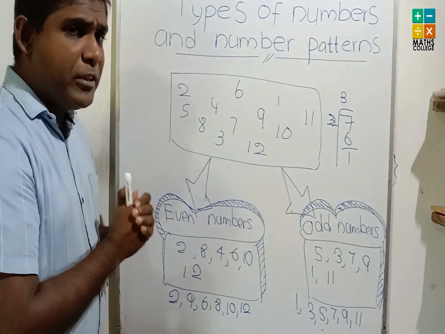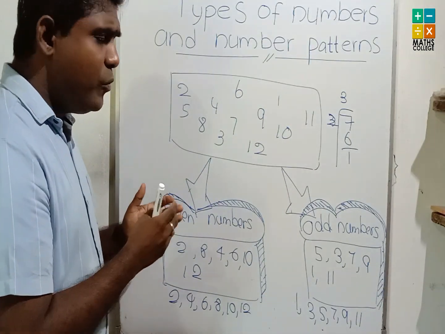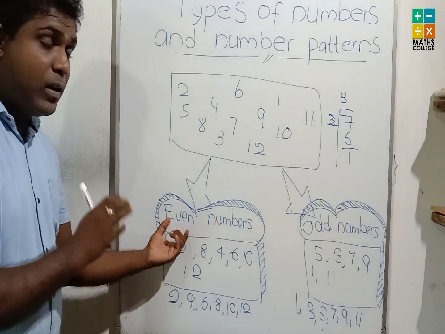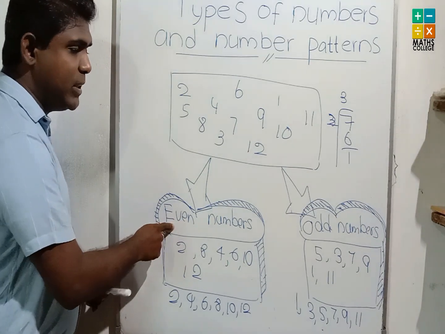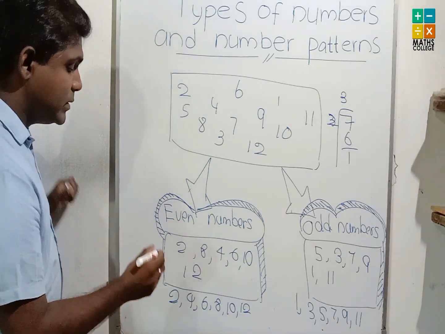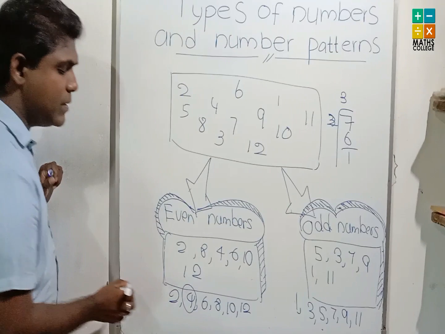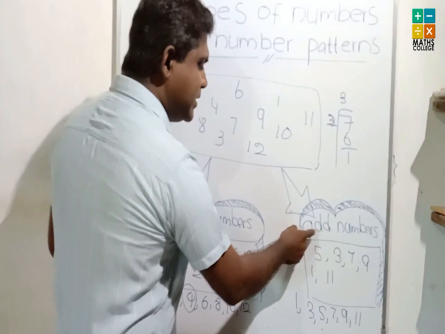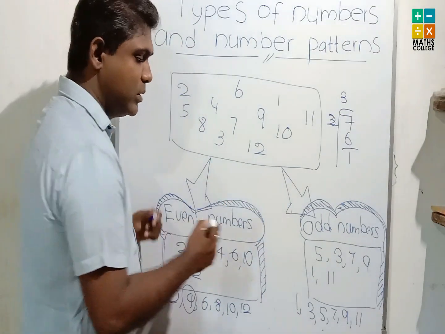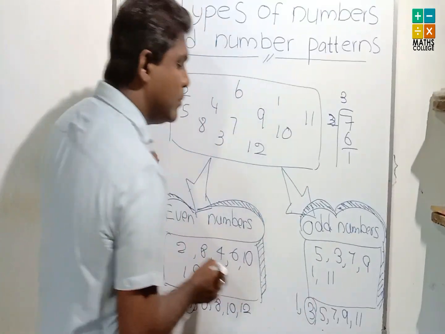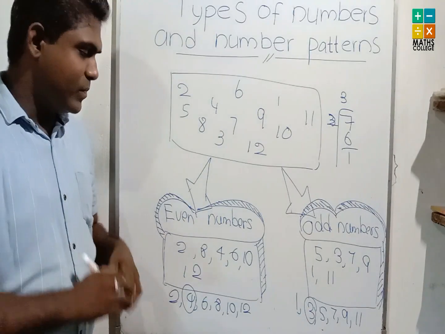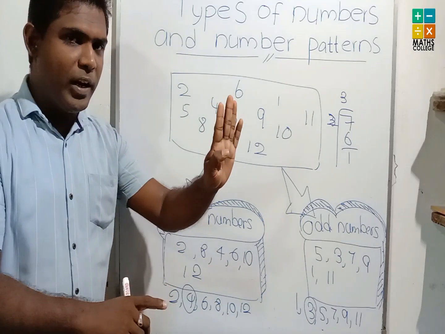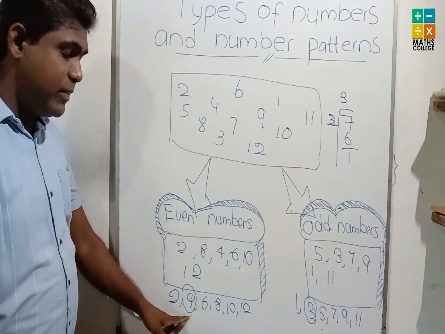You can observe something special here with the number of letters in the word even and the second even number, and the number of letters in the word odd and the second odd number. What happened? 1, 2, 3, 4. E-V-E-N, 4 letters. And the second even number is also 4.